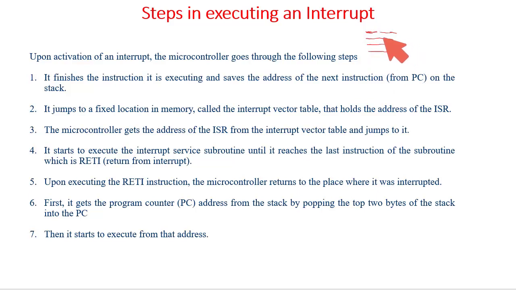At a particular moment, say when this instruction was being executed, one interrupt came. What will happen? Each instruction has a particular memory location. This instruction is at memory location say 08. This instruction is at memory location say 09. The microcontroller will finish execution of this instruction, and as the interrupt occurred while executing it, the execution needs to be shifted to the starting memory location of the corresponding interrupt service routine. So what will happen?